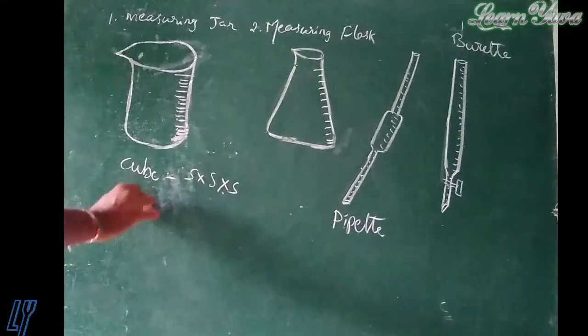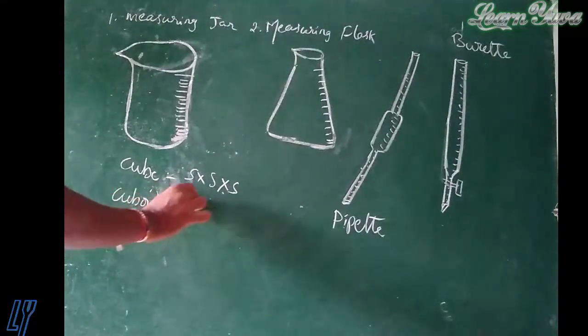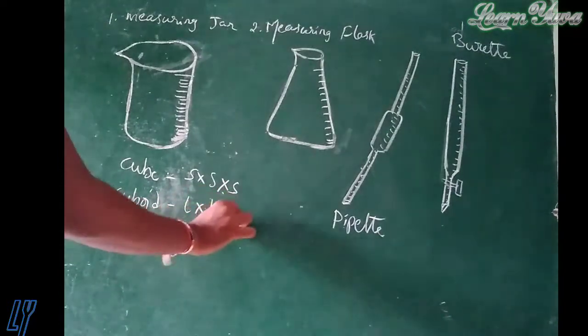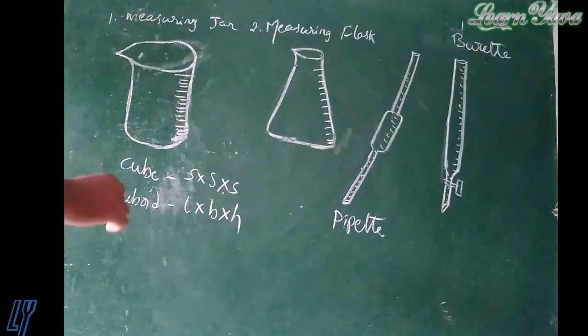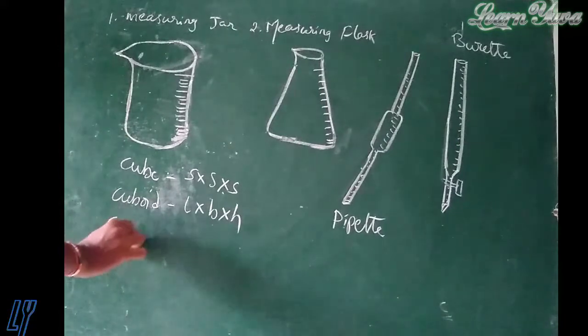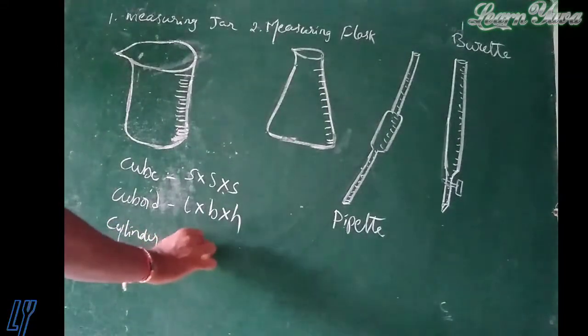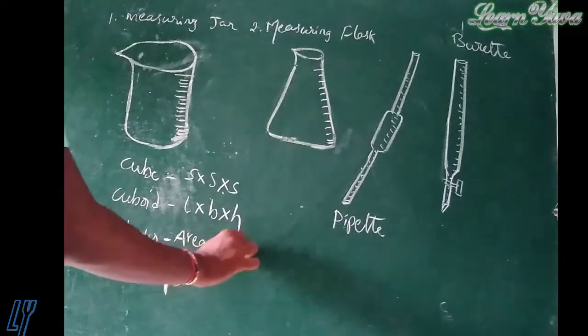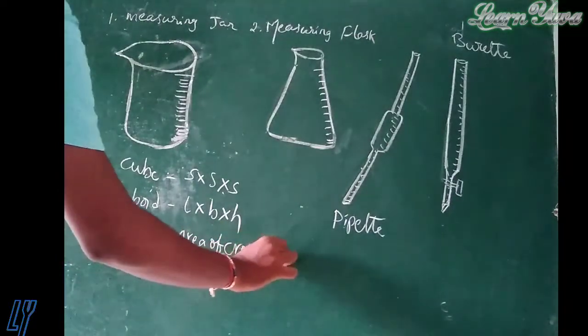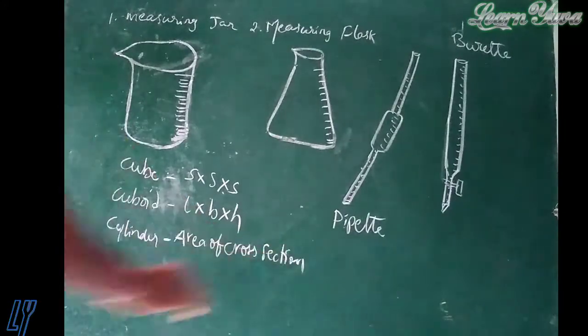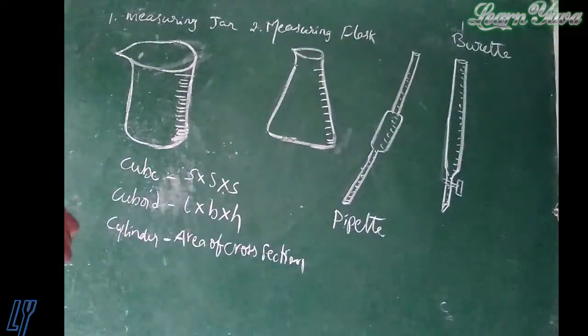Cuboid: length into breadth into height. Cylinder: area of cross section into height.